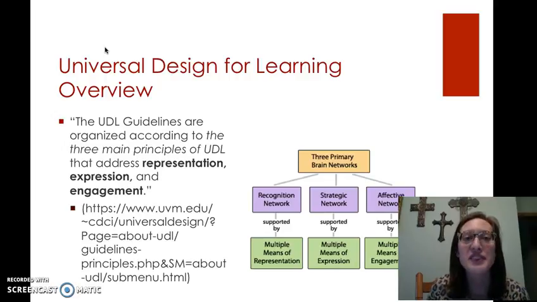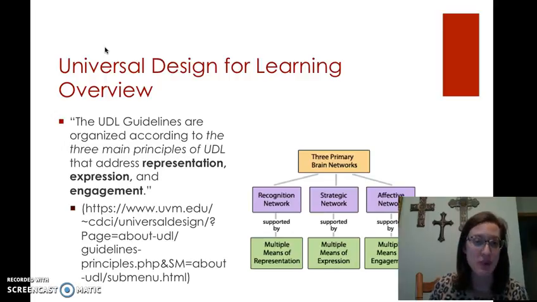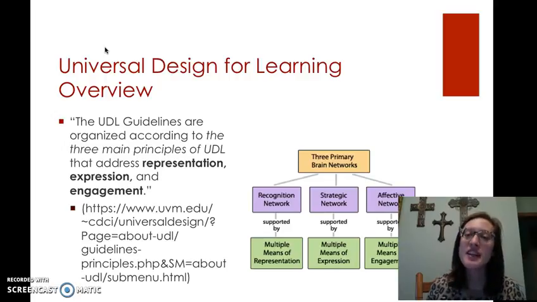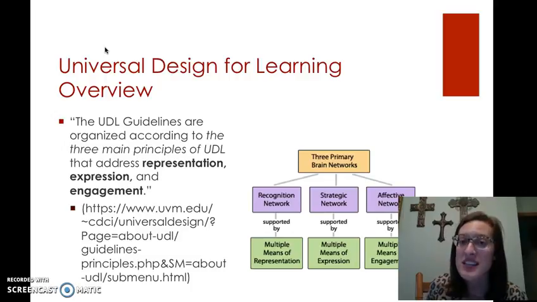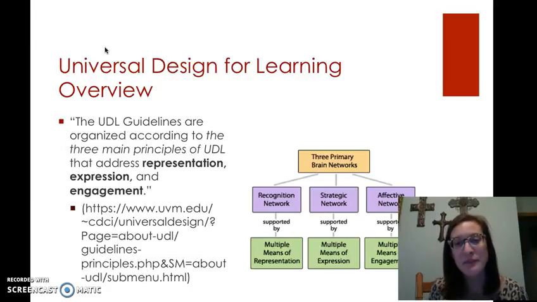Universal Design for Learning Overview. The UDL guidelines are organized according to the 3 main principles of UDL that address representation, expression, and engagement. If you'll look at the chart, you'll see there are 3 primary brain networks: the recognition network, the strategic network, and the affective network.